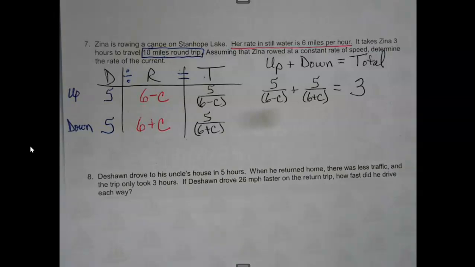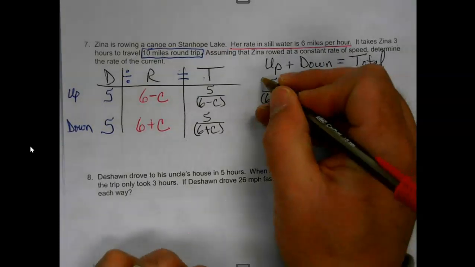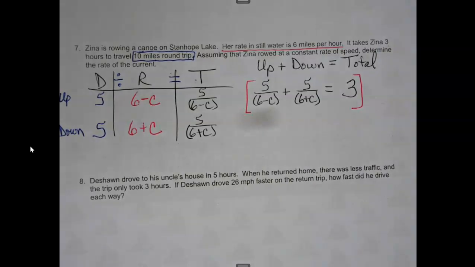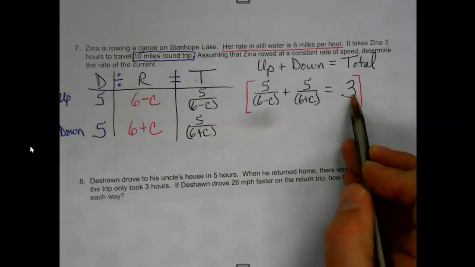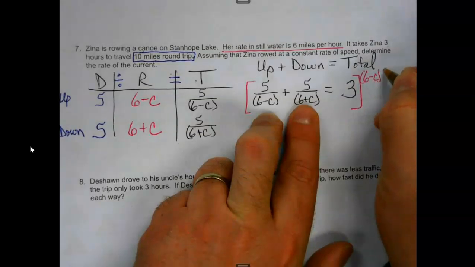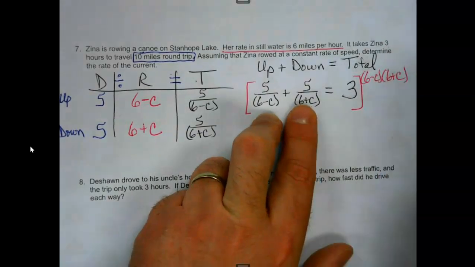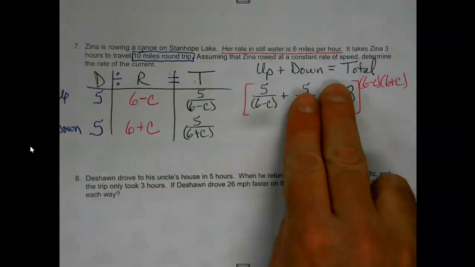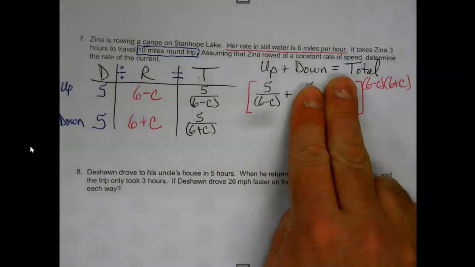This time, we have to play with an LCD, but it's not going to be a bad one. Because again, the 3 is your numerator. Do not think this is part of your denominator. It is not. 6 minus c, 6 plus c. Okay, the 5 is there.